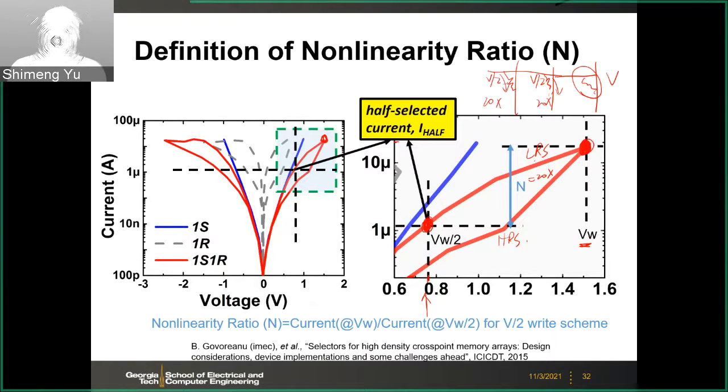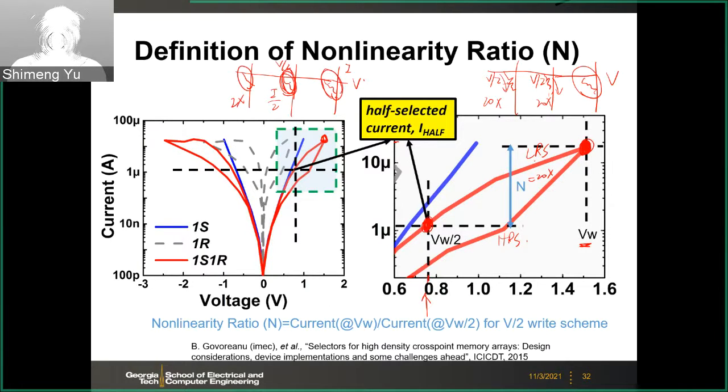If you don't have the selector, what would be the current for those unselected cells? If this current is I, this current will be just half of I. You only reduce by 2x if it's a linear resistor, since the current is proportional to the voltage.